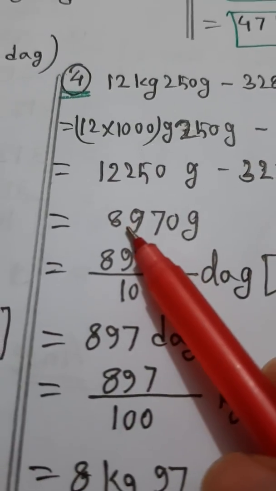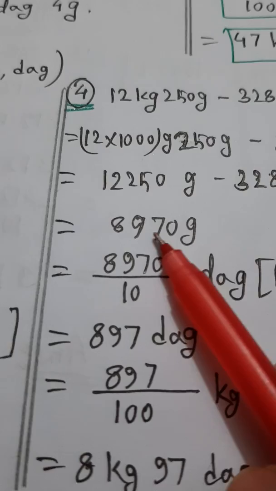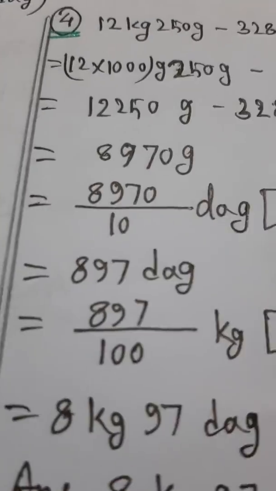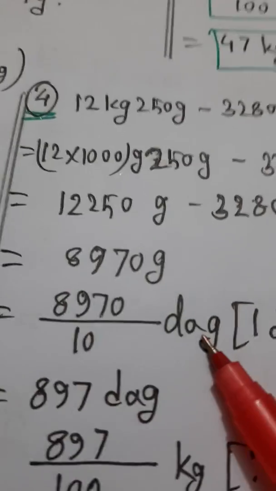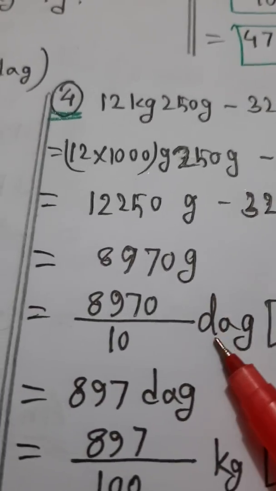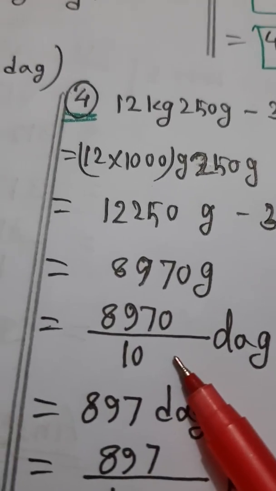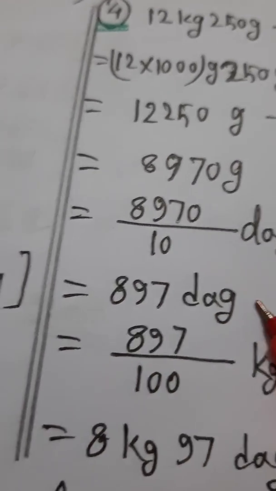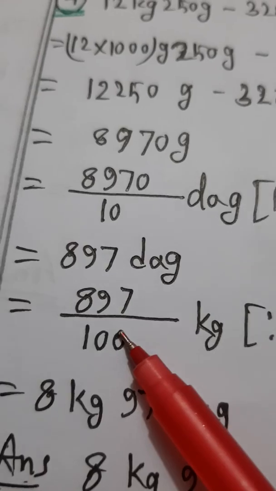So here we get 8970 gram. We express the answer in kg and decagram. So gram to decagram, divided by 10, we get 897 decagram. Then we express the answer in kg.